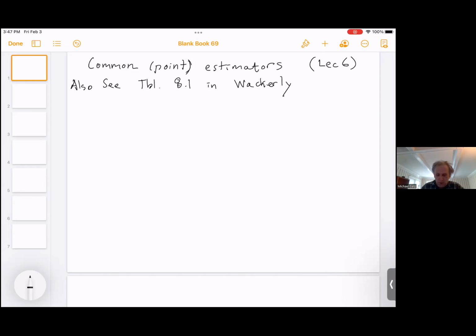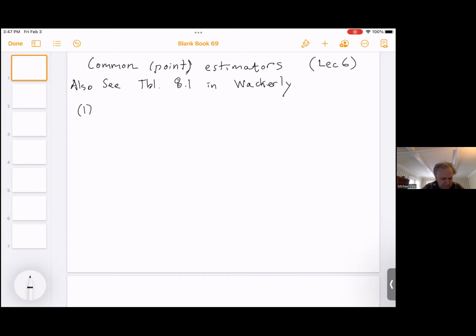These are point estimators. Point means, as opposed to an interval estimator, a formula that returns a single number as an estimate for a single-number parameter. We're going to see 4 of these.